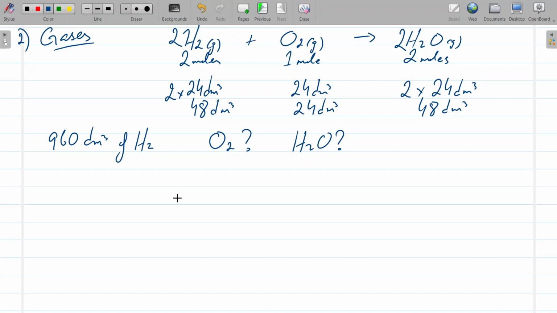Volume. You need volume, right? So moles multiplied by dm cube. Okay. If I'm not wrong. Or am I?